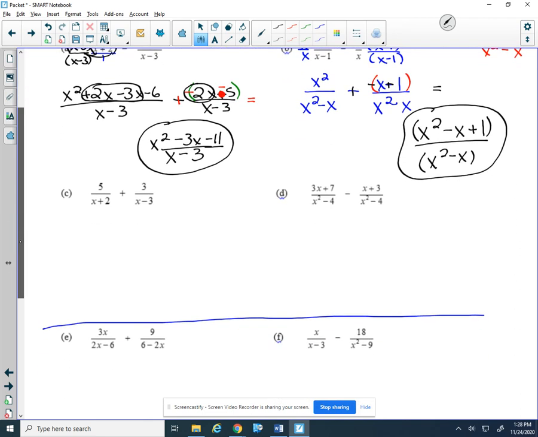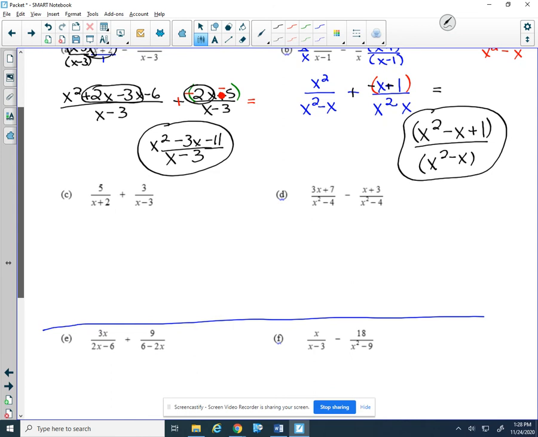So the next one has one denominator that's one binomial, and one that's another binomial. If they're different binomials, we need both of them. So my LCD is the x plus 2 and the x minus 3. And if I multiply that out, I'm going to combine those like terms. If you can skip that middle step, that's great, but I just want to make sure we're clear.